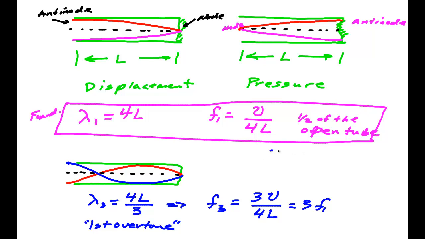So in other words, what I'm saying is, if you had a pipe like this, F2 is not allowed, because it would require a node on both ends. And you can't have a node on an open-end pipe. So you can only have the odd ones.